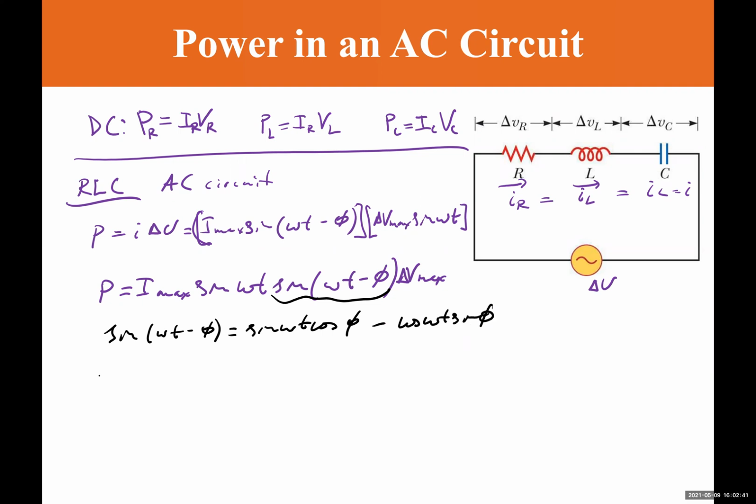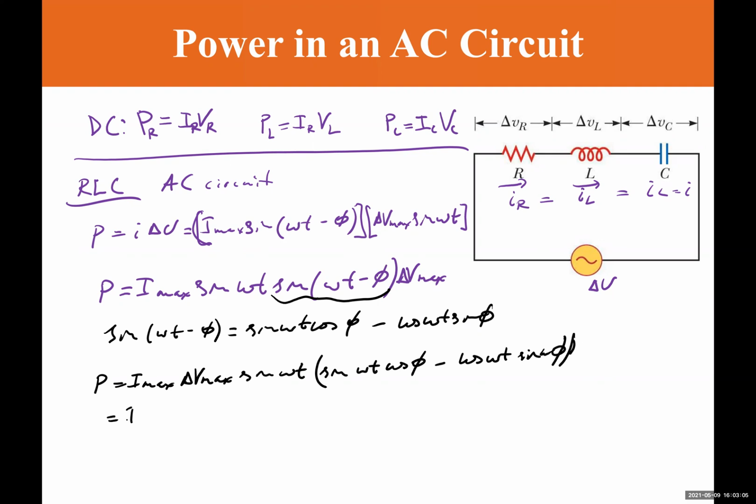Then if you plug back in, P is equal to I max delta V max times sine omega t, then plug in sine omega t cosine phi minus cosine omega t sine phi.